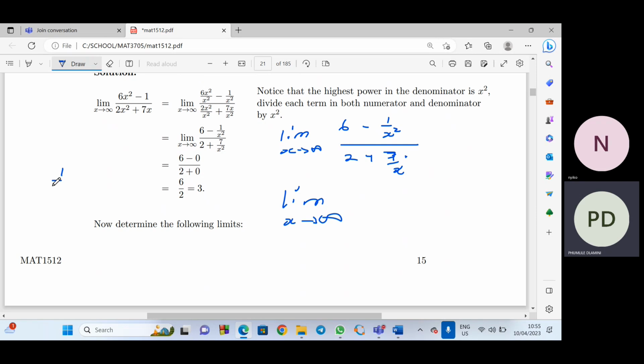So 1 over x squared is still the same as 1 over x, to the power squared.